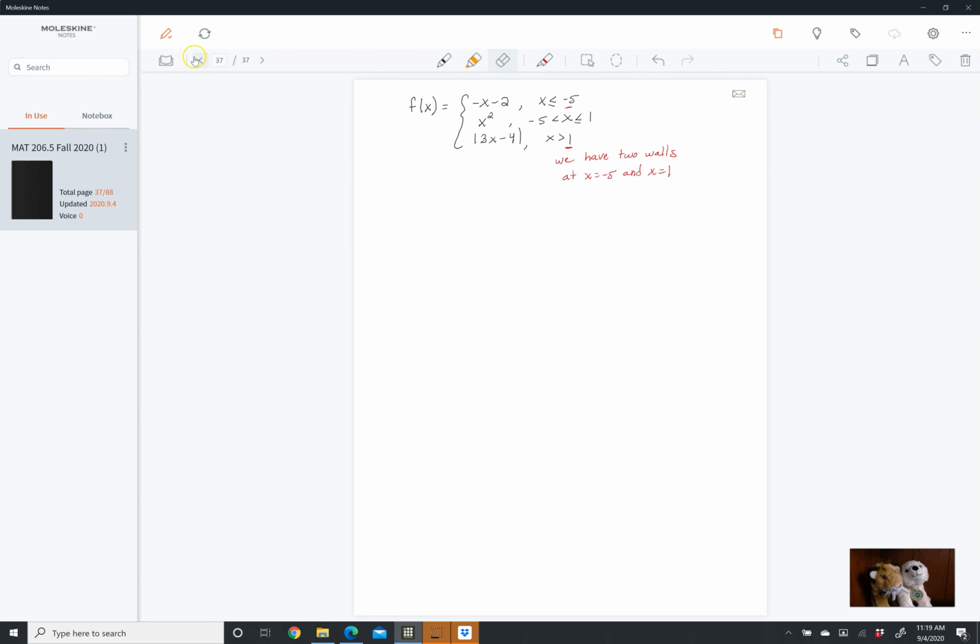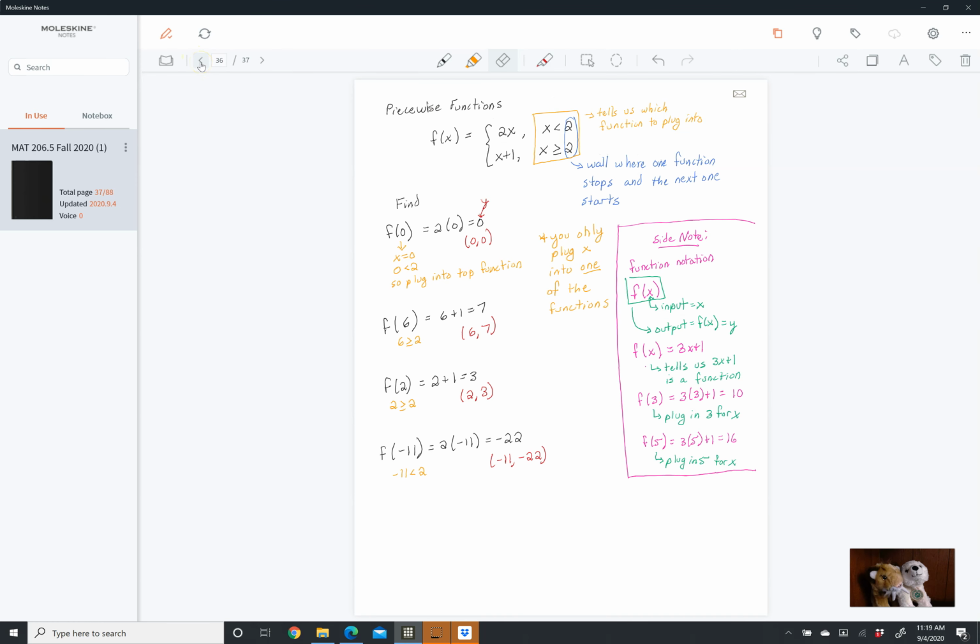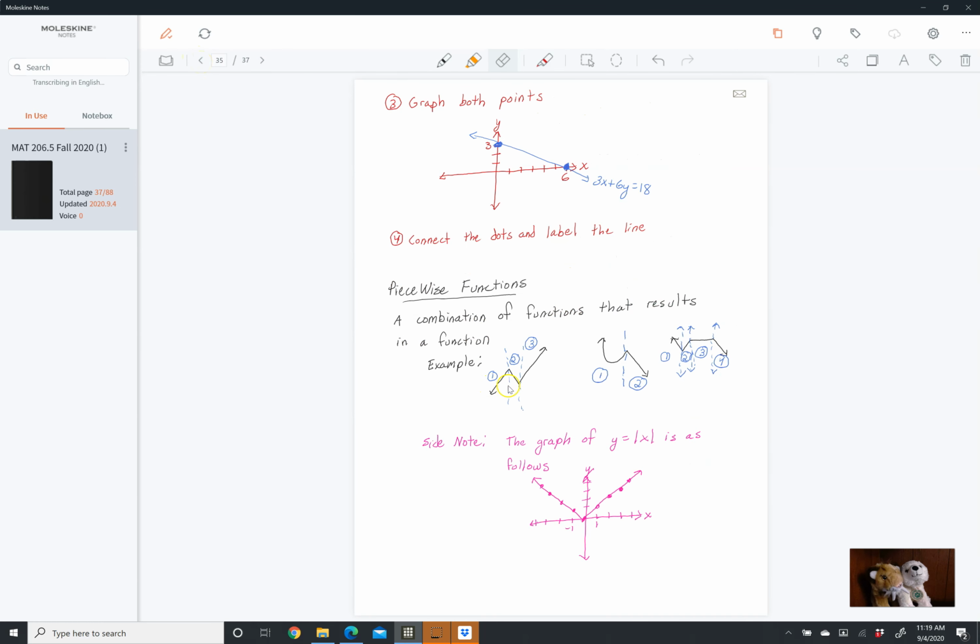Okay, remember that those walls are what we were talking about here. So it's 3 functions put together, which means that we have 2 walls. First function stops, second one begins, second function stops, third one begins.